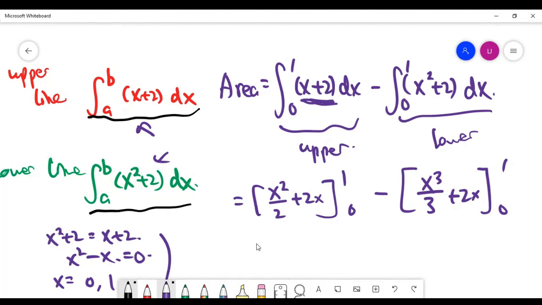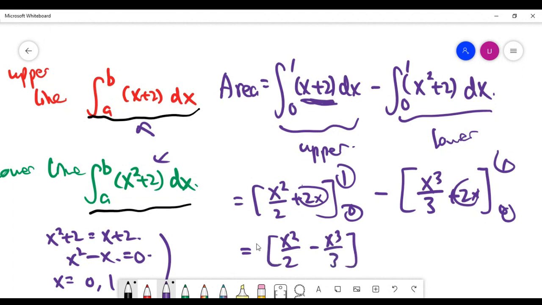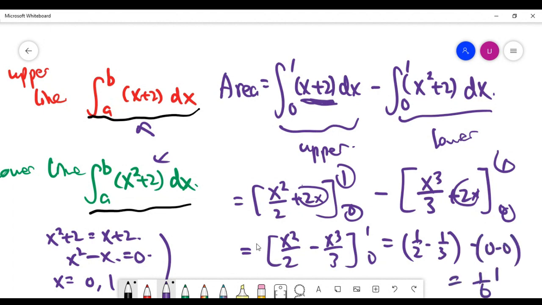The remaining is a purely computational exercise, because when the upper and lower limits are the same, the 2x can be cancelled, right? So you are left with this calculation from 0 to 1. I trust that you're able to do this calculation quickly. The answer is going to be 1 over 6. And that's the final answer to this problem.